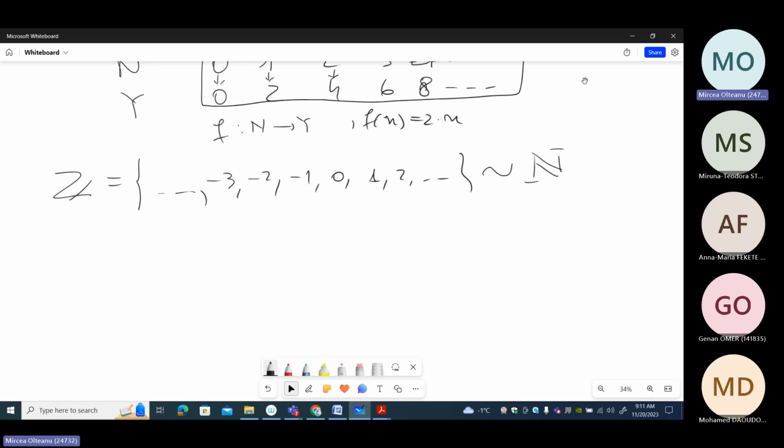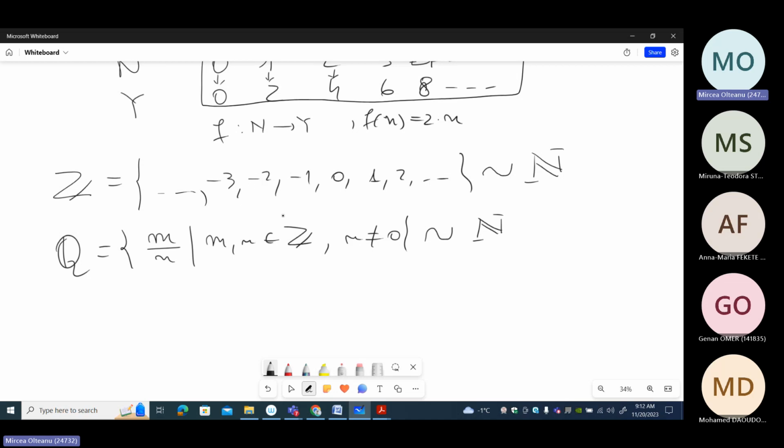Also, at the lecture, we proved that the set of rational numbers, the set of all expressions of this form, is also equipotent with N. So there is a bijective map from Q to N, and we did that in the lecture. I don't want to enter into many details. You have all these things written, but just to remember.